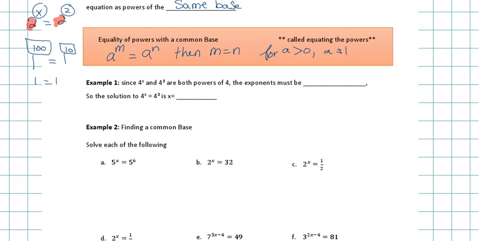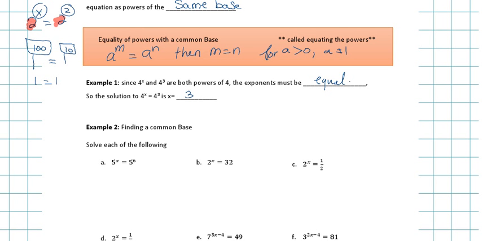Right? So this is an example. The solution to 4 to the power of x equals 4 to the power of 3 is x equals 3. Okay? Drop the base, make your exponents equal. Are you guys okay with this?